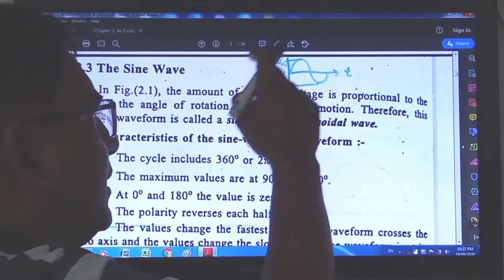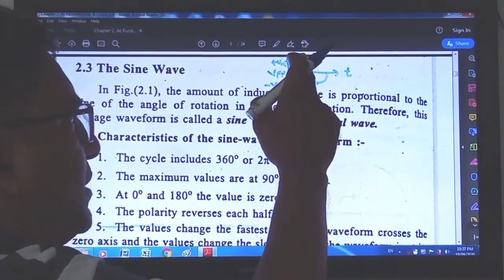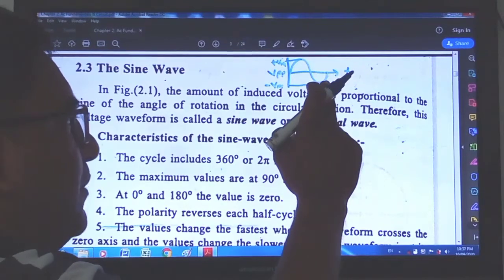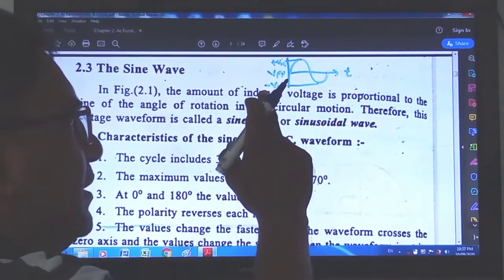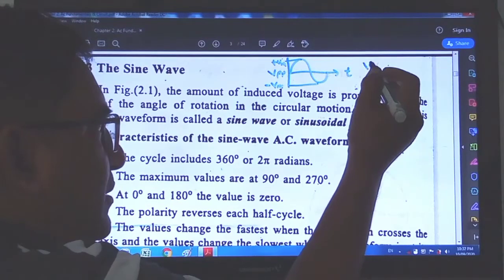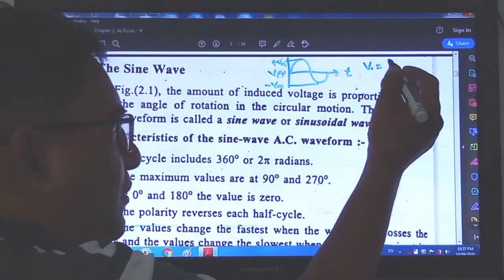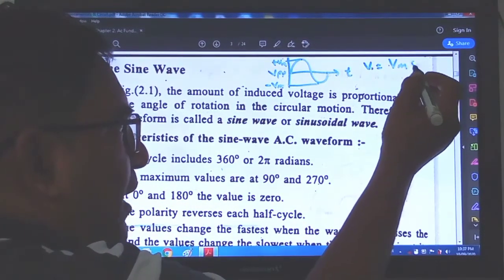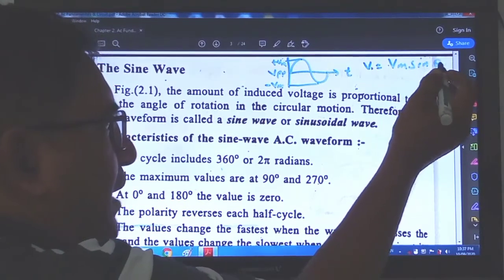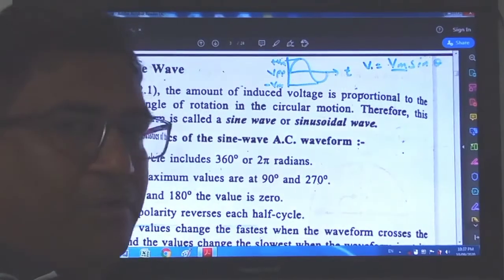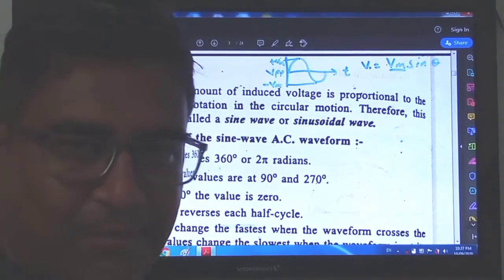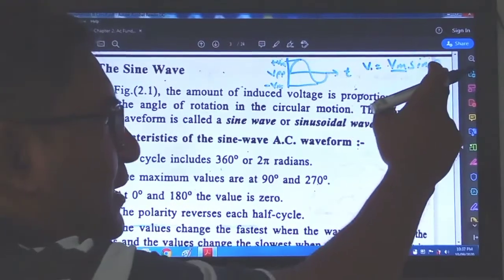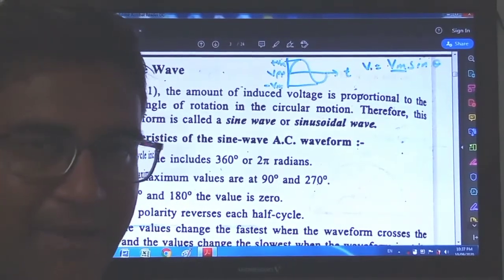That voltage for the first positive cycle is plus Vm, and for the first negative cycle it is minus Vm. We have the small v equal to capital V sine theta. This Vm, I told you, is the maximum voltage, and theta is the angle.